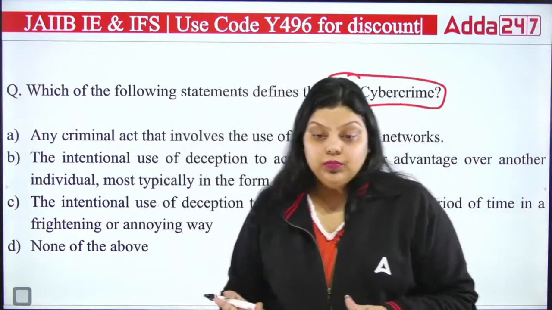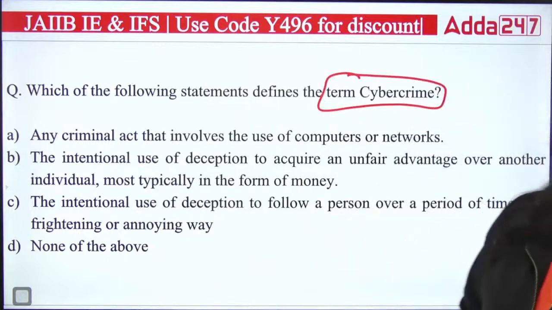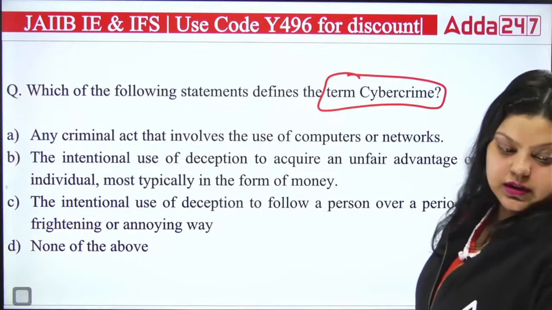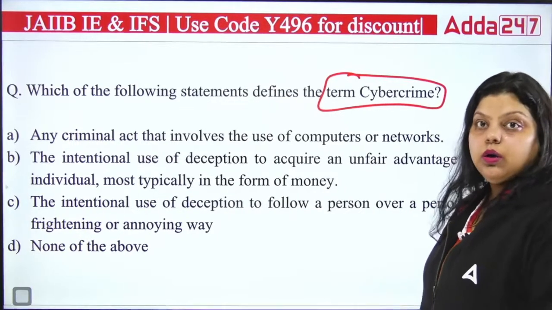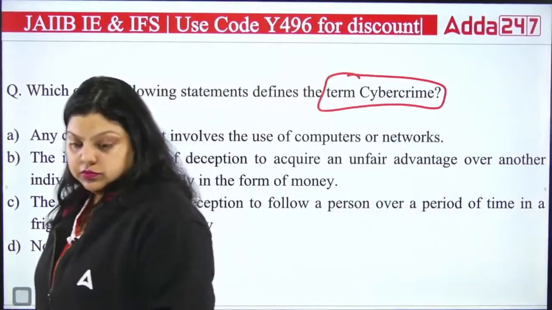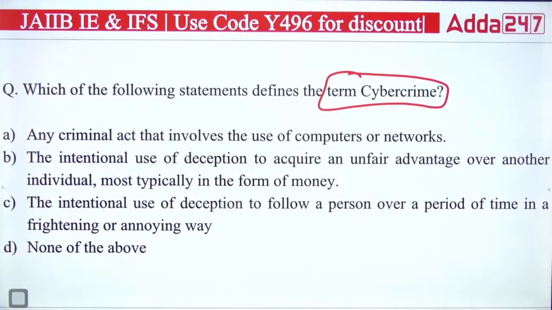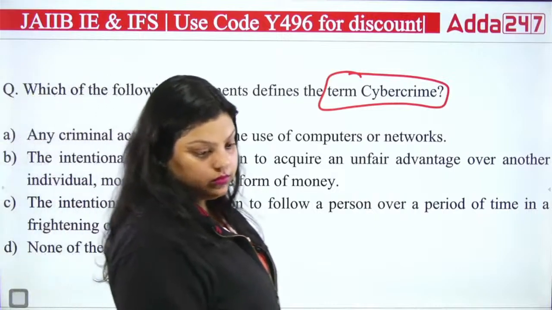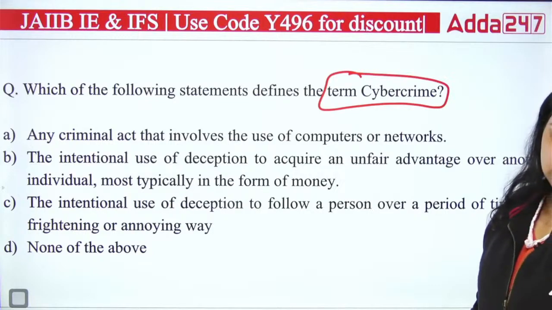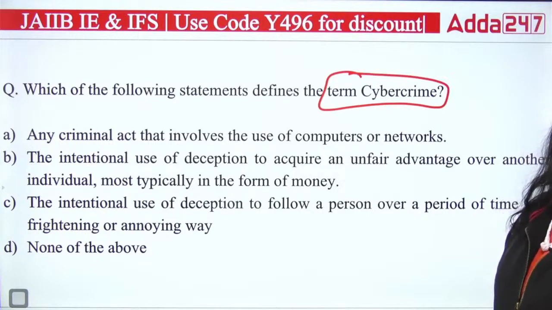And fourth, none of the above. So what do you think? Which of the following is the correct statement that defines cybercrime? A, B, C or D? Which of the following is correct? The following statement defines the cybercrime.